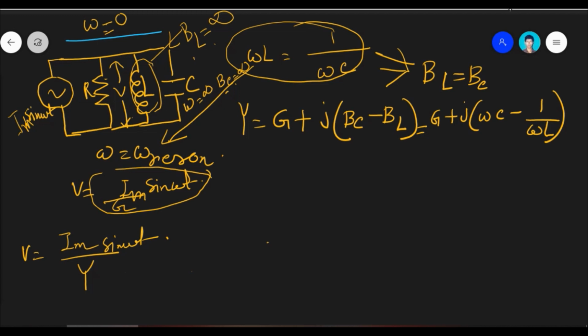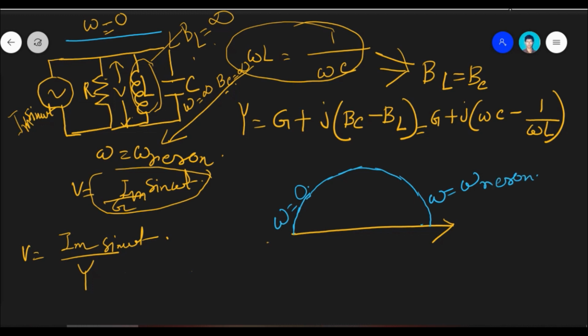The diagram will look like this. This is my I. This is omega equal to 0, this is omega equal to omega resonance, and this is the place where BL dominates BC.